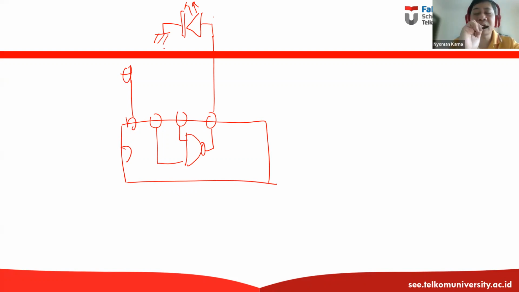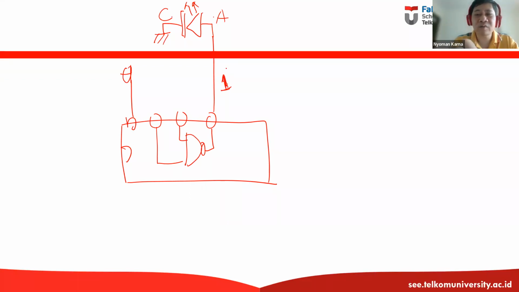To turn on this LED lamp, we need to give logic 1 in here. Why? Because in an LED, this one is the anode and this one is the cathode. Remember, if we want to put the diode into forward bias, we need to give the anode a potential or voltage higher than the cathode, so we can push all of the protons to go through the junction. So in this case, we need to give logic 1 in here.